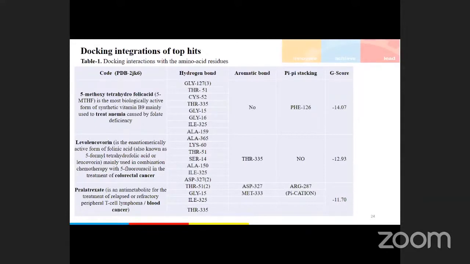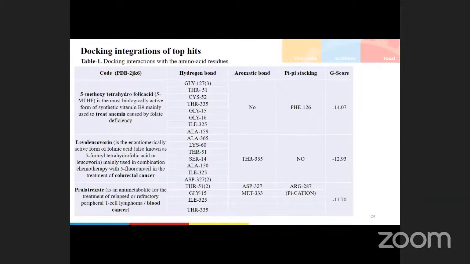Then the second top hit molecule we got is leucovorin, the levo enantiomer of leucovorin. This leucovorin is mainly used as an anti-cancer agent, in combination therapy in colorectal cancer treatment along with 5-fluorouracil.